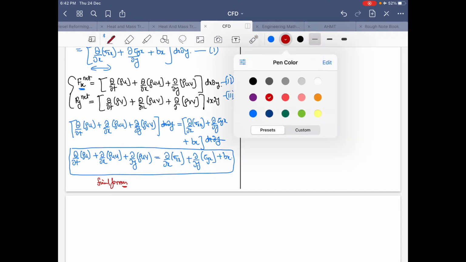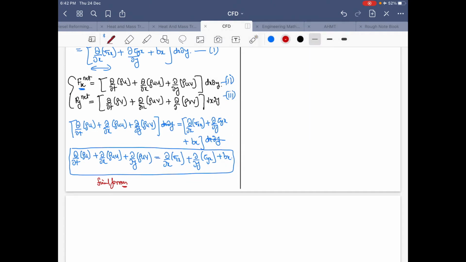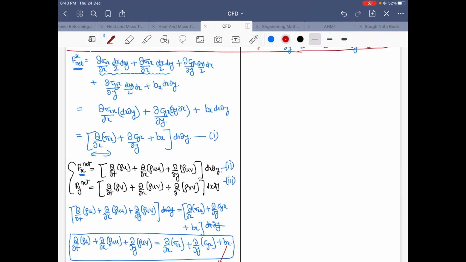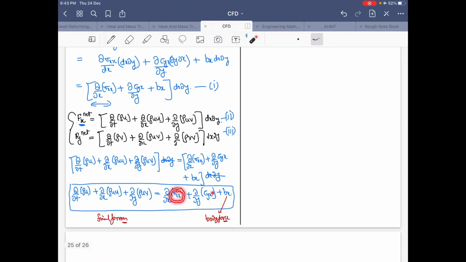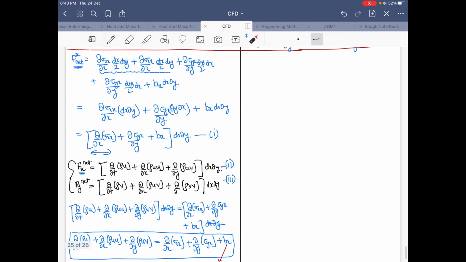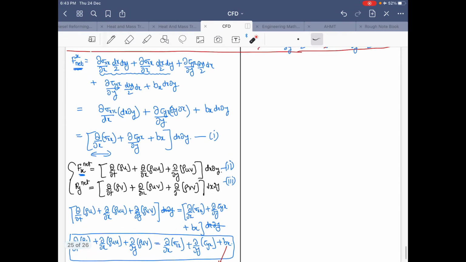So I will say this is my body force term. Now the next step is to learn something more about the stresses, that is sigma xx and tau xy. So I will write the topic as stresses.